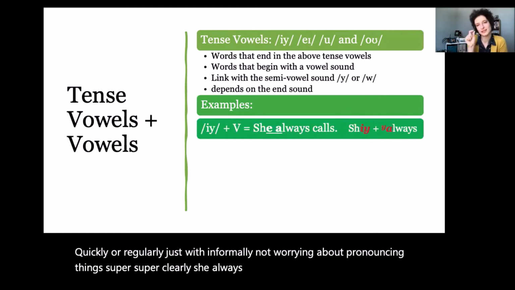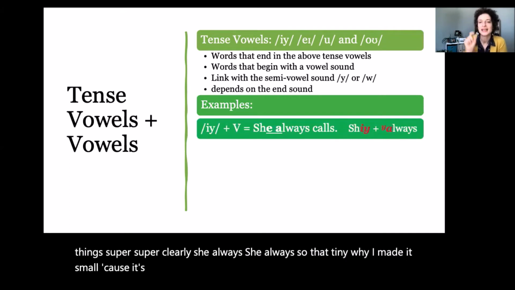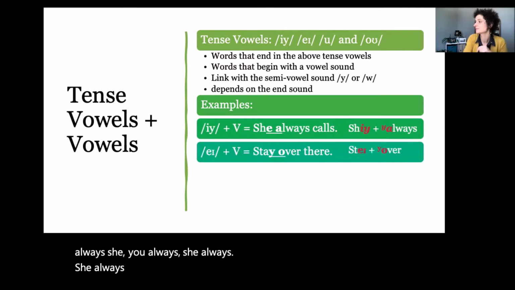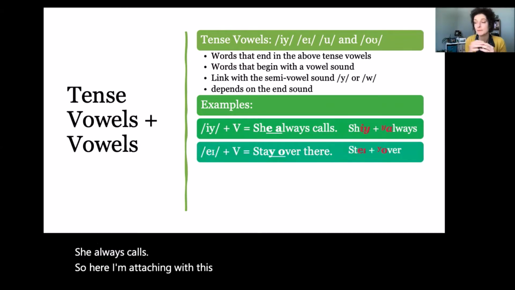So that tiny Y, I made it small because it's just tiny, kind of attaches to the beginning of always. She always calls. So here I'm attaching with the semi-vowel Y.